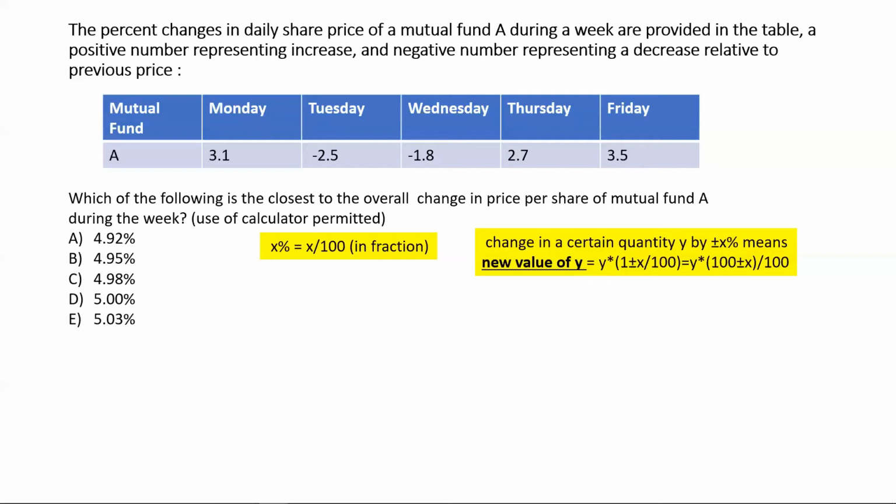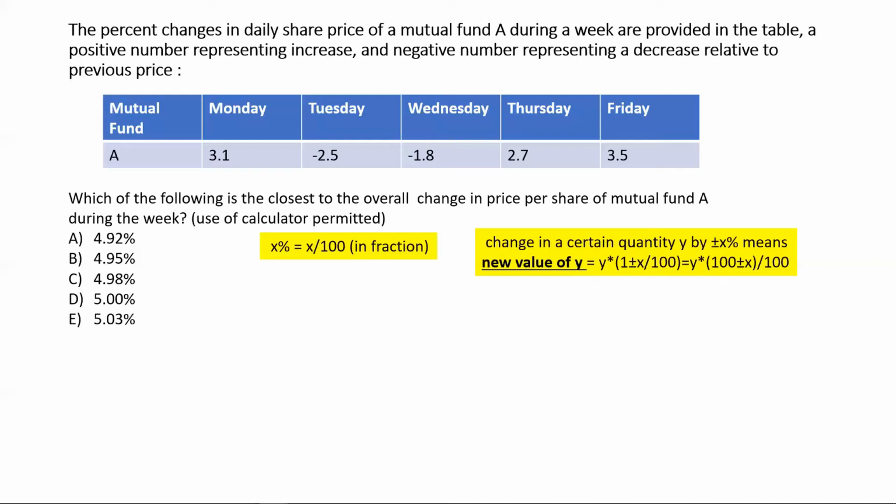Similarly, Wednesday's percent change, negative 1.8%, is relative to the price at the end of Tuesday, and so on. So we can't just add up the percent changes to determine the overall percent change, because that won't necessarily give us the correct answer, since each percent change is relative to the price the previous day.